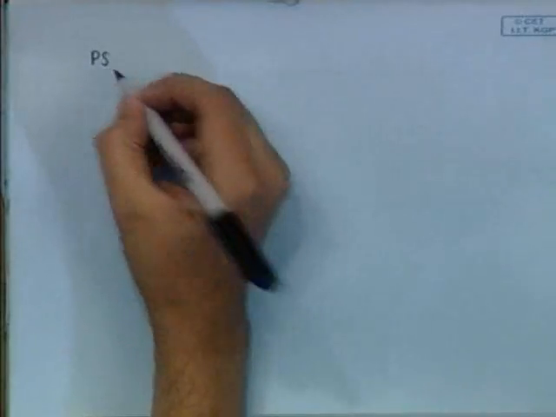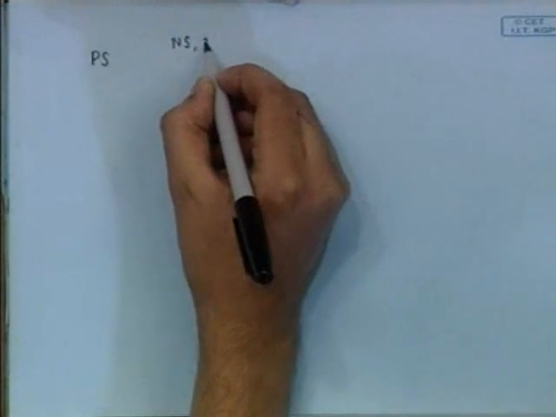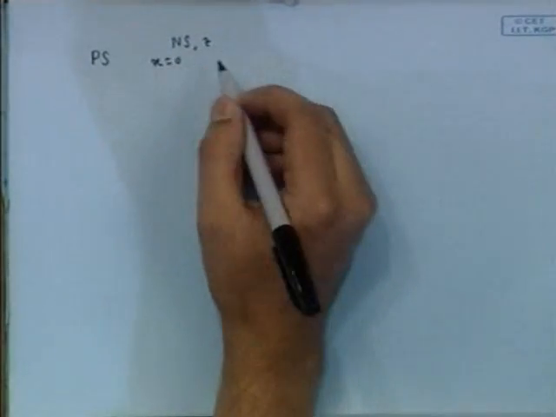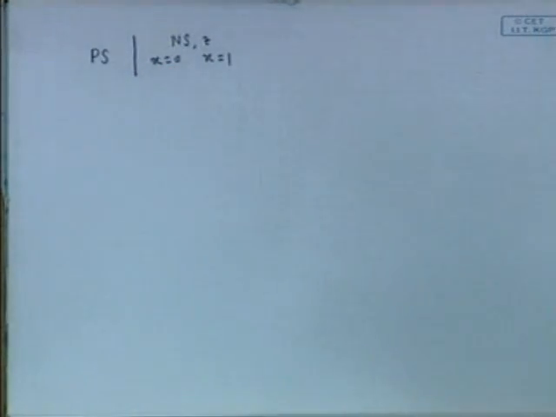To show the state minimization algorithm, we will see an example. I will show you two state minimization algorithms. One is the top-down approach and another is the bottom-up approach.